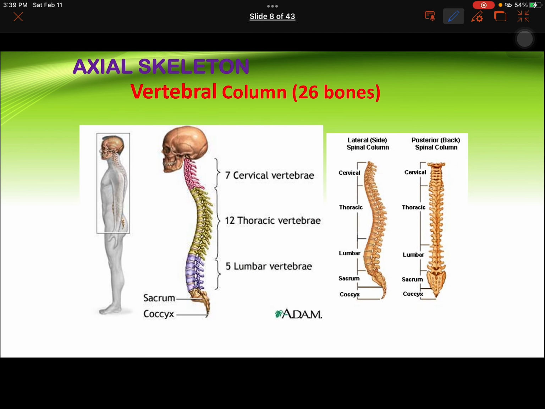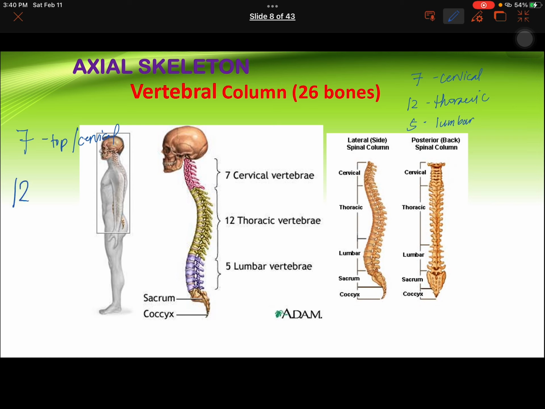Next, we have the vertebral column, which is comprised of 26 bones, 7 cervical bones, 12 thoracic, and 5 lumbar. For you to memorize this one, you eat breakfast at 7, the top bones or the cervical.